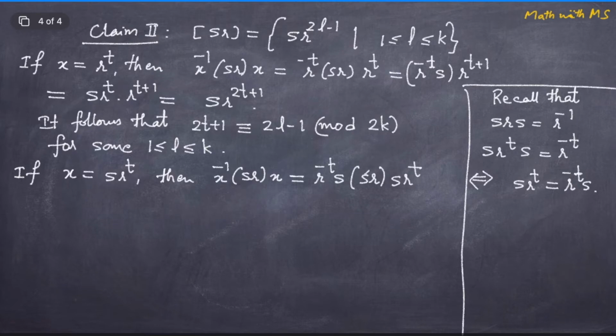There is a cancellation of s here, and this is the same as r to the power minus t plus 1 into s into r to the power t.